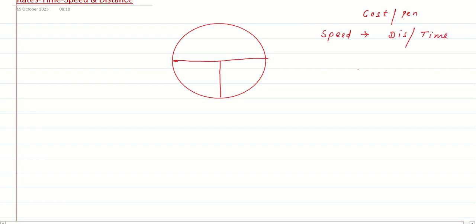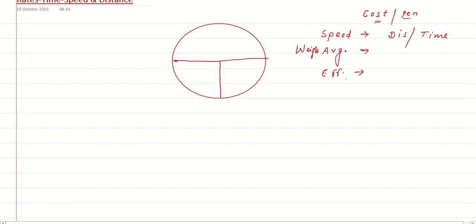Now, if I say the rate, can I also say the price per pen means the average? Right? Which average? Remember, weighted average is also the rate.